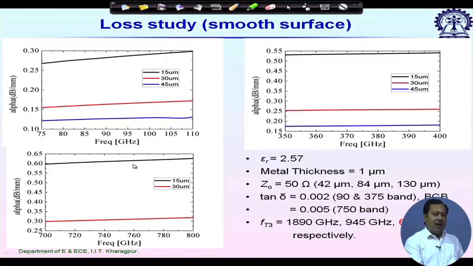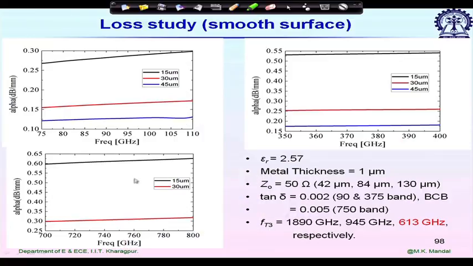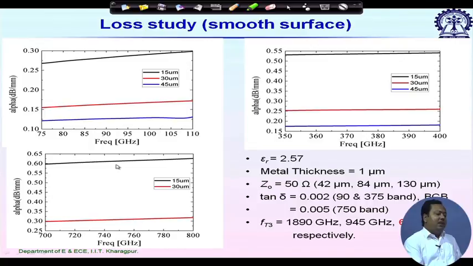So if I add the same value of surface roughness to these 3 cases, the effect will be more prominent at higher frequencies. Why? Because at higher frequencies we have smaller delta S, and we have seen in the correction factor that it depends on the surface roughness with respect to delta S. So, if I go back here, you can see we are plotting it only for 15 micrometer and 30 micrometer, and 45 micrometer is absent here.